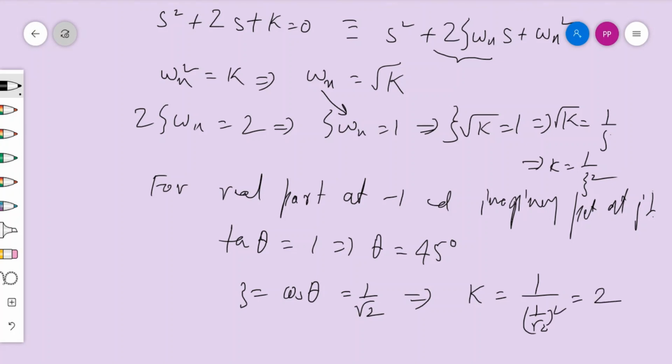So with this you can understand that the variation of the roots of the closed loop system over the trajectory for a given system will give us the variation of different parameters of the system, including the gain of the system.